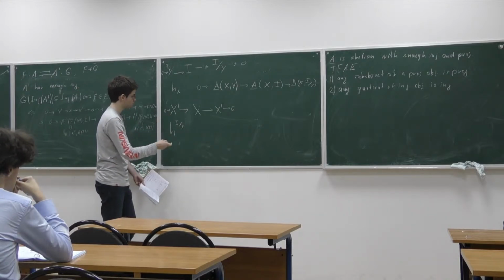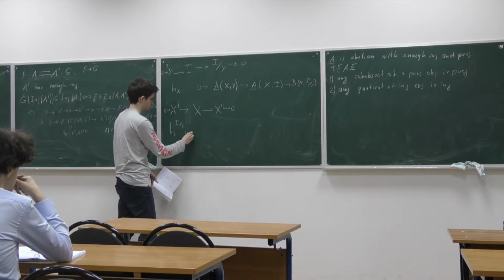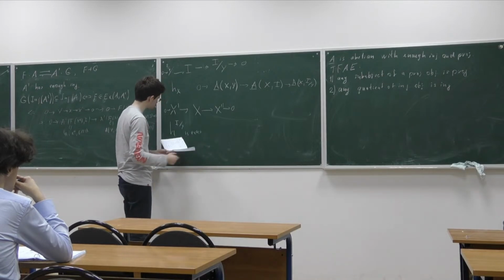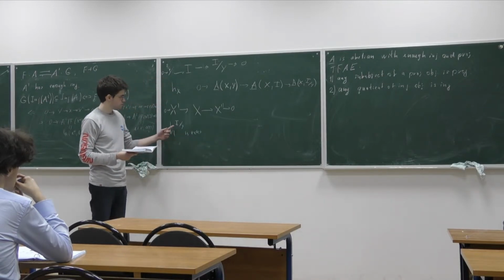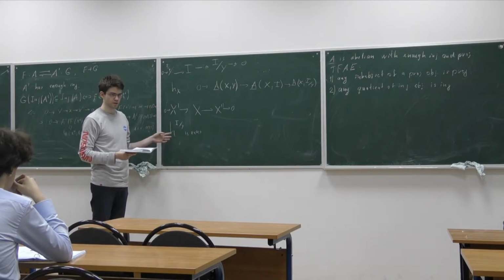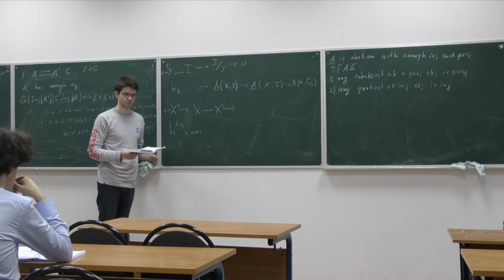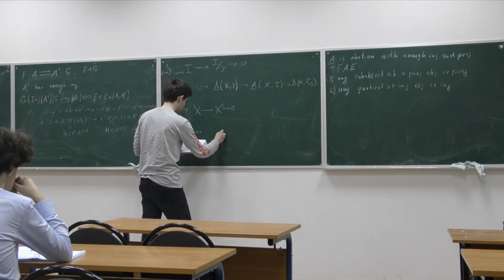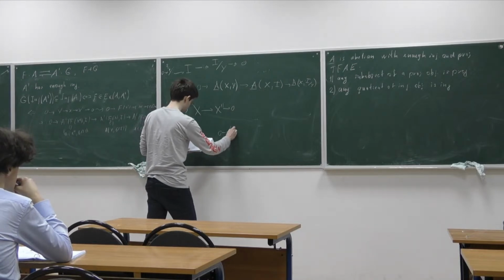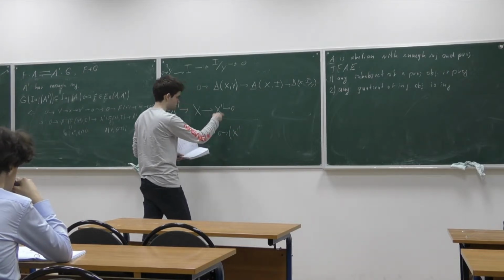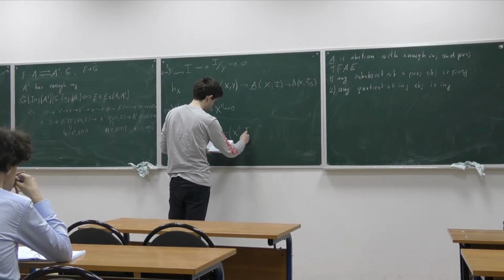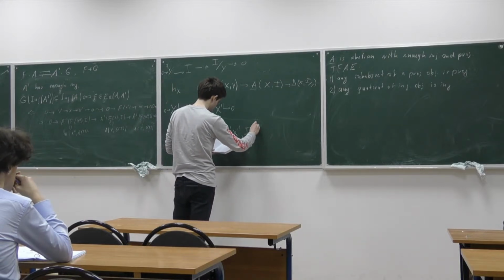So what does it mean? Well, it means that the following short exact sequence is exact. Since this is also left exact, we know that the one on the left, 0, we get automatically. We only need to show that the other one is 0, right? So we have this. It's equivalent, so we have to switch everything. Right?